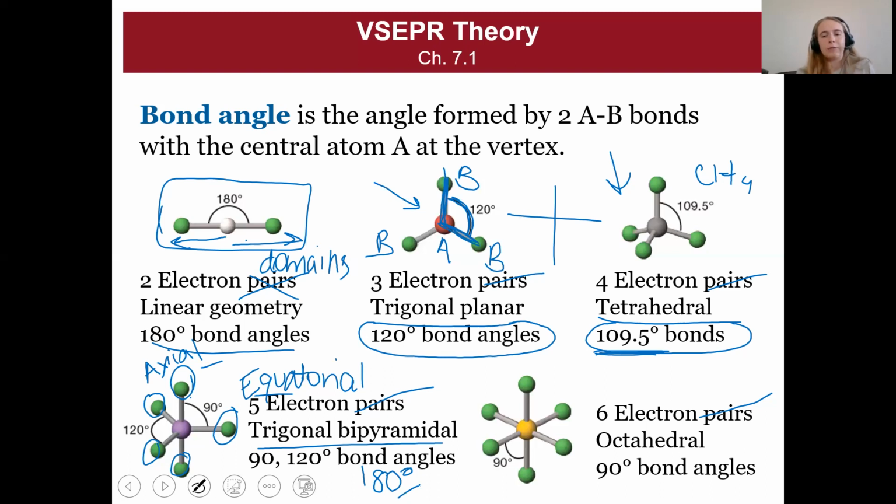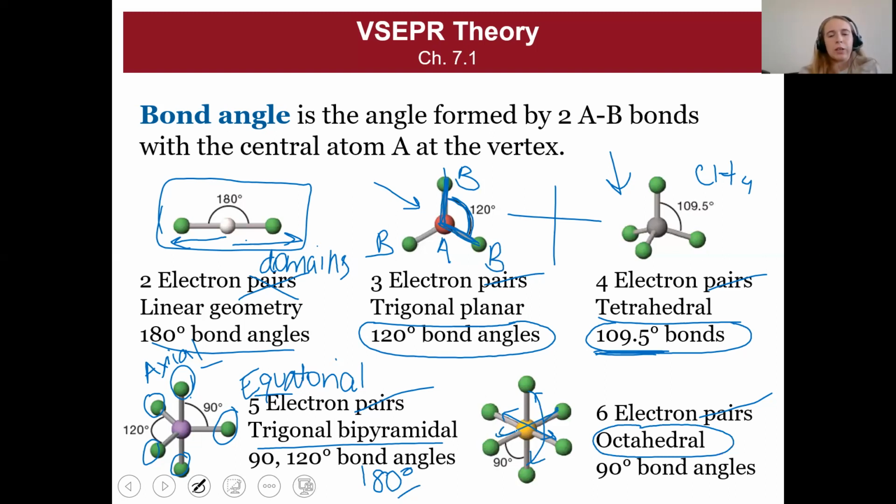And finally, if we have 6 electron domains, it's our octahedral molecule, as I said before. And all of the bond angles are 90 degrees, except if you look at any of the ones that are directly across from each other, of course. Those are 180 degrees away from each other.